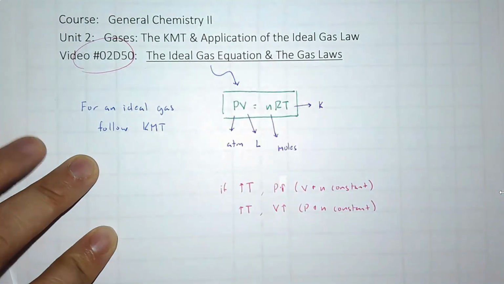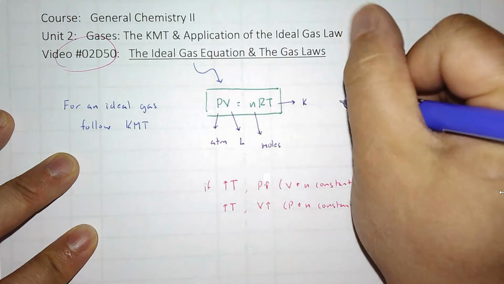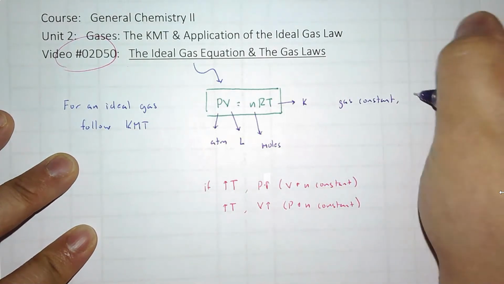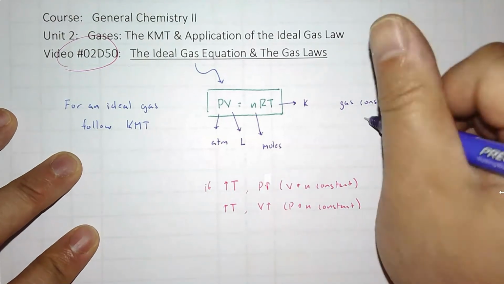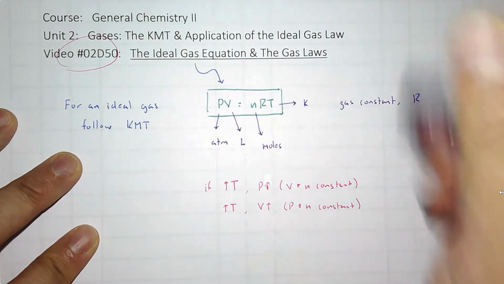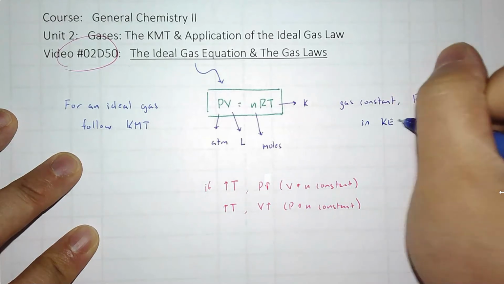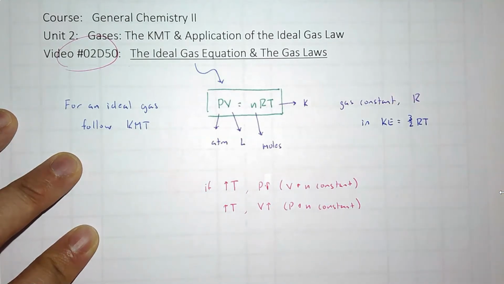Okay. Now let's get back to R. R is the gas constant. And we saw R before in this equation, kinetic energy equals 3/2 RT.